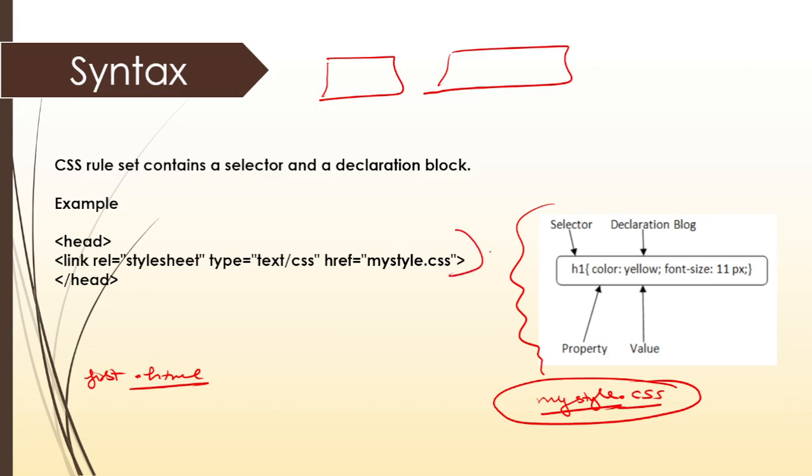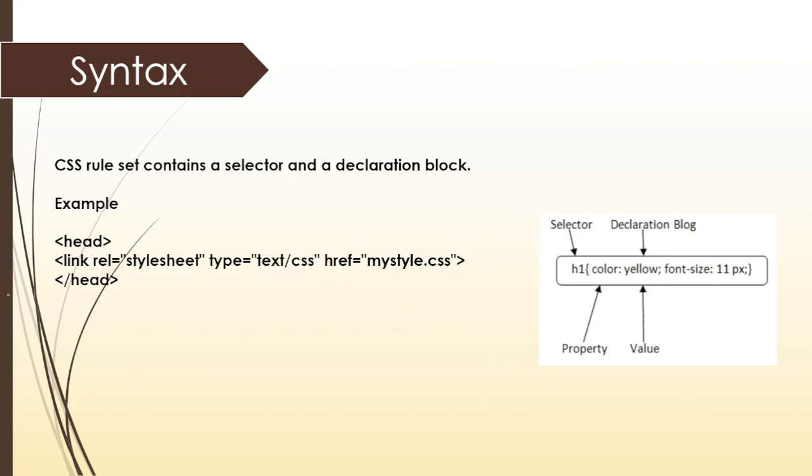Now if I want to join these two, I will write this particular statement as it is. The most important thing here is href="mystyle.css", that is the name of your cascading style sheet page. Also remember one point here. As you can see, I have started the head section and closed the head section here.